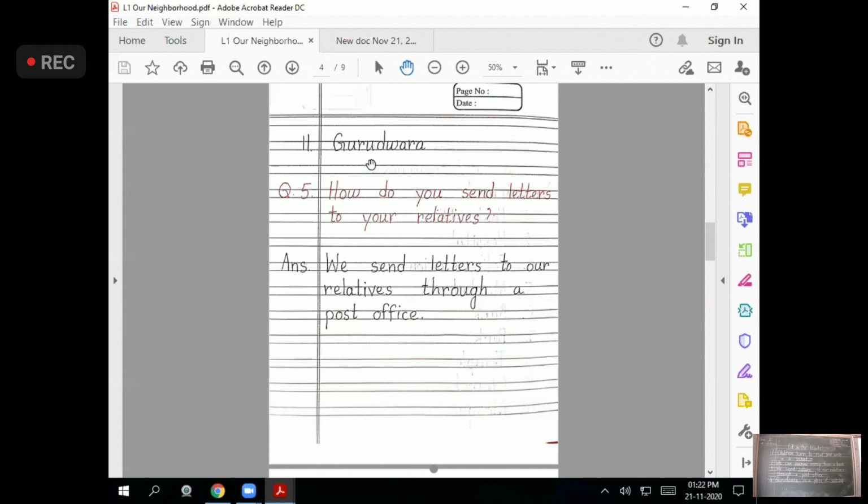So after this, there are many lines. So I have done, okay, fifth question and answer. So you make your child write in this way, those who have not completed. Fifth question and answer.